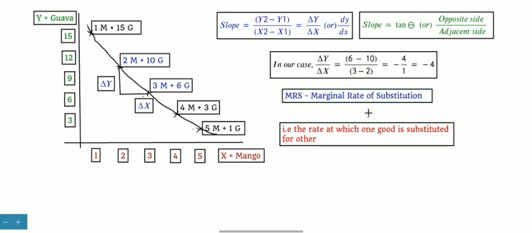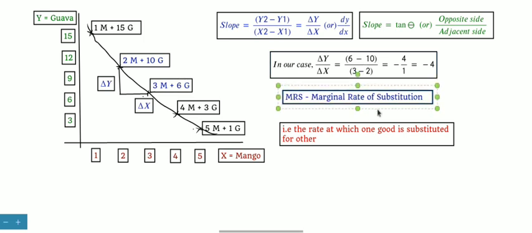Marginal rate of substitution, that is when we increase mango by 1 unit from 2 mango to 3 mango, the guava is reduced from 10 guava to 6 guava. So this 1 mango is substituted for these 4 guavas. That substitution is called marginal rate of substitution.